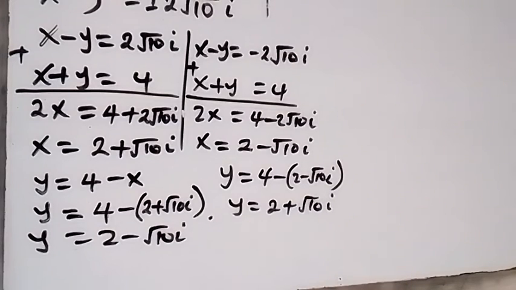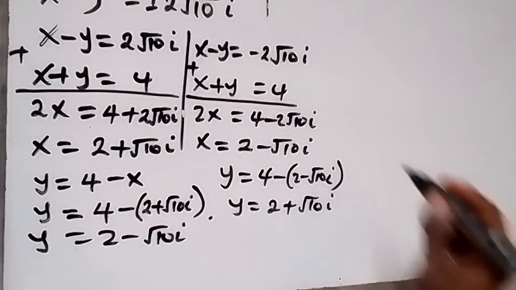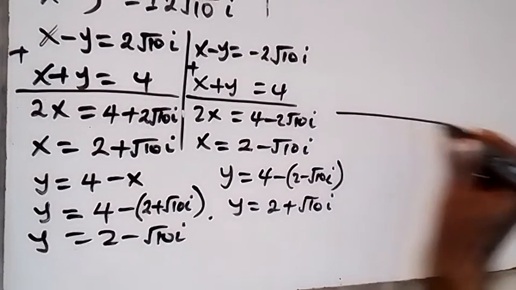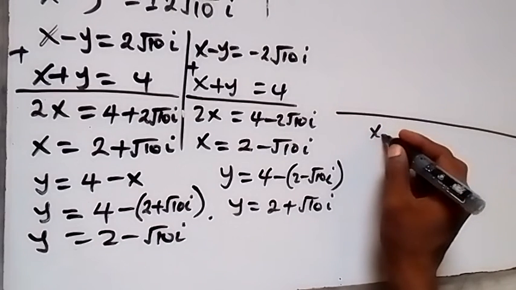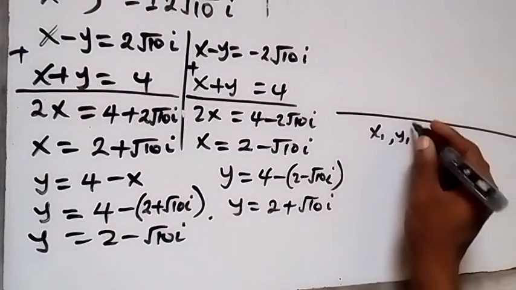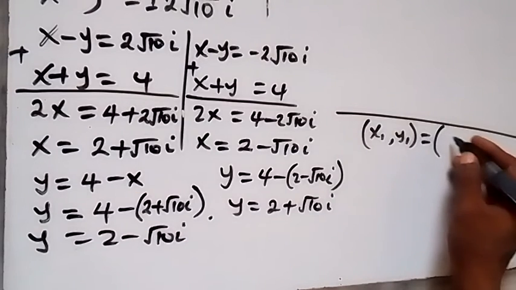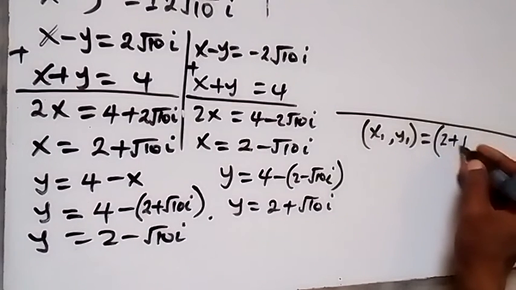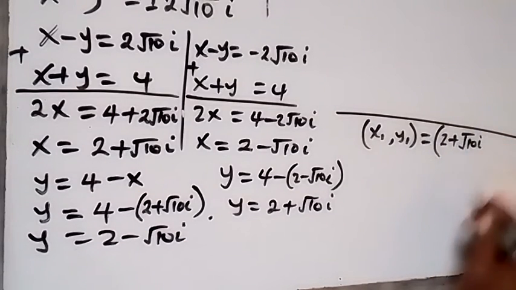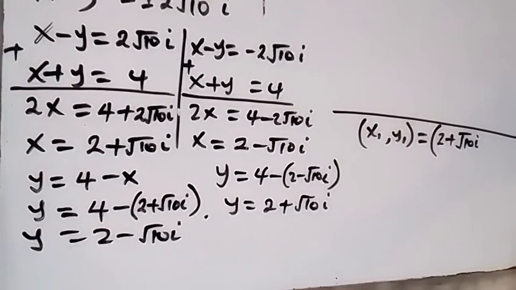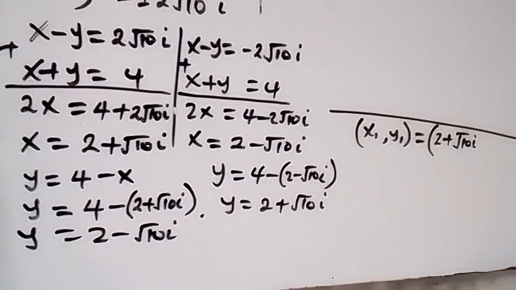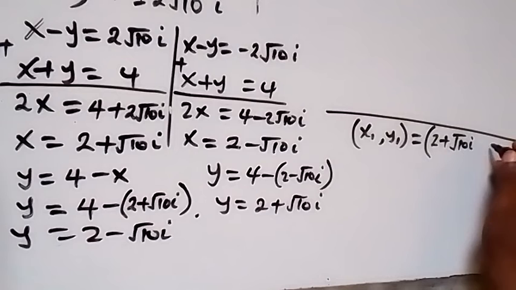Then we have the value of x. Let's write it out. Let's say we have x1, y1 from here, where x1 is 2 plus root 10i, and y1 is 2 minus root 10i.